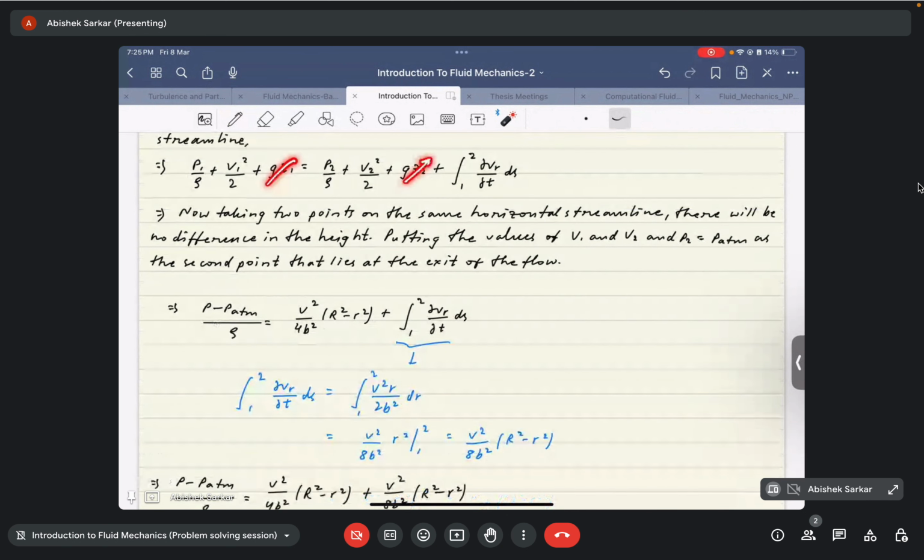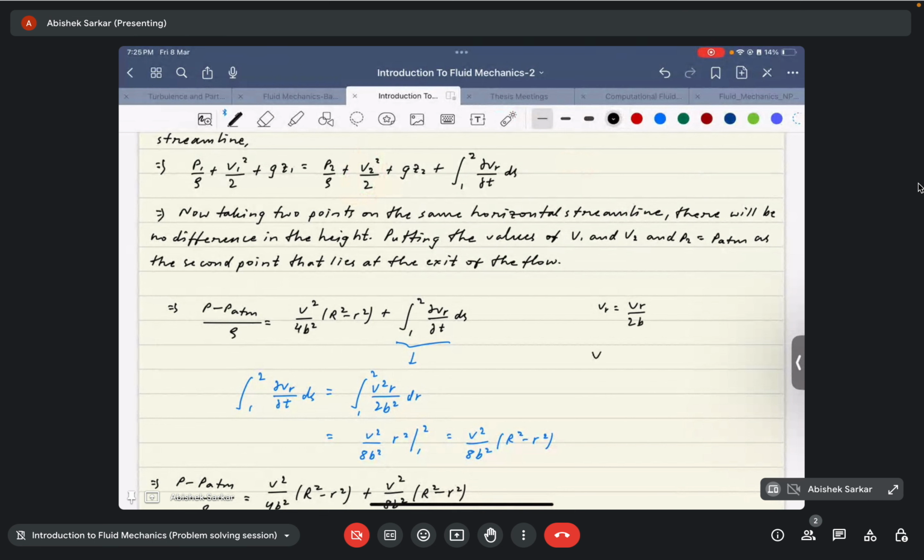By neglecting these terms, if we consider V2 at the outer edge of the fluid, there we would know V2, since V is given by VR by 2B.